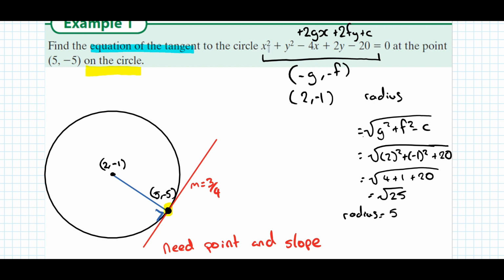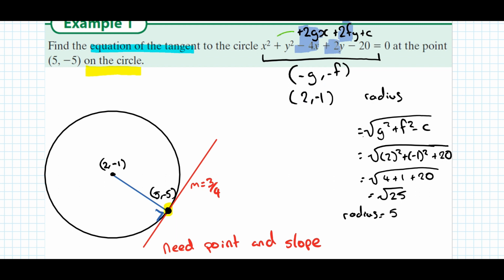So we know that this is our common equation of a circle, and we know that 2gx is equal to minus 4x. So 2g is minus 4, and then minus g is going to be 2, and 2f is equal to 2.